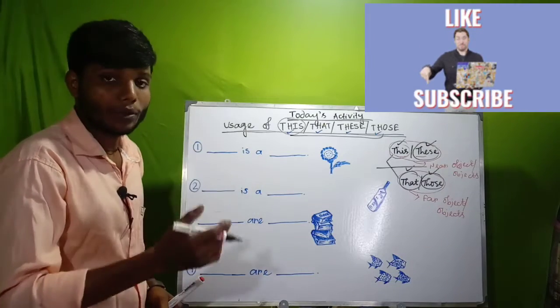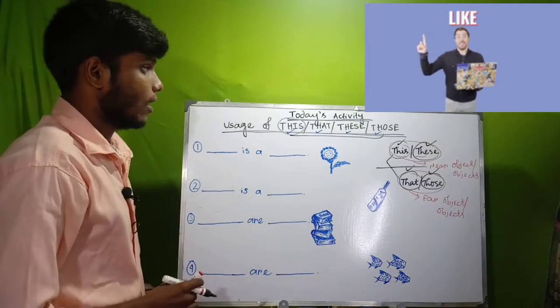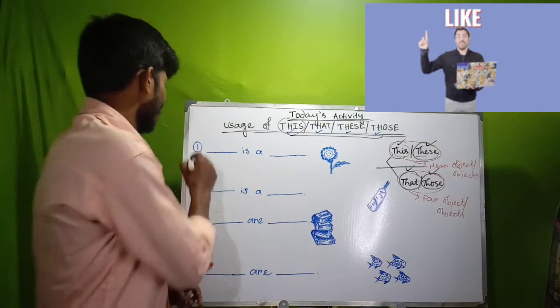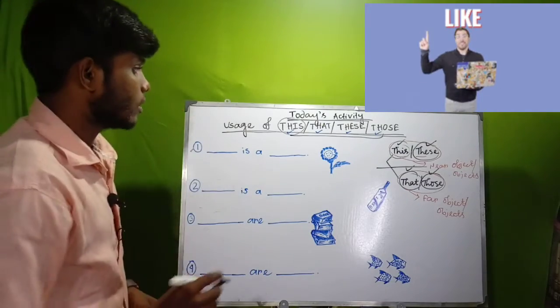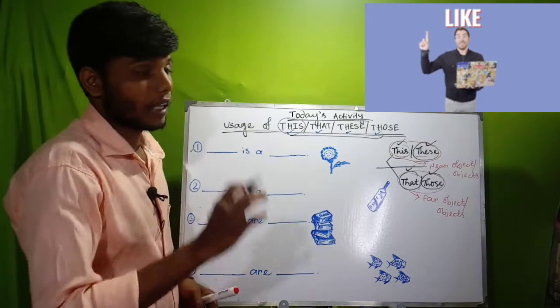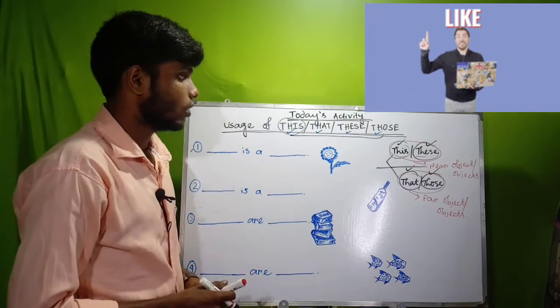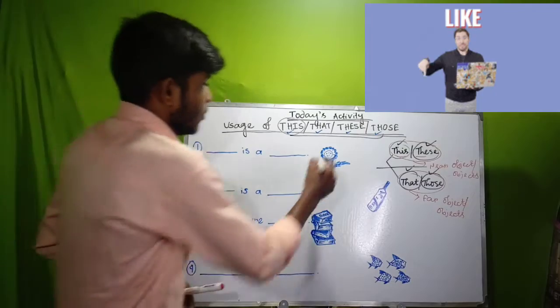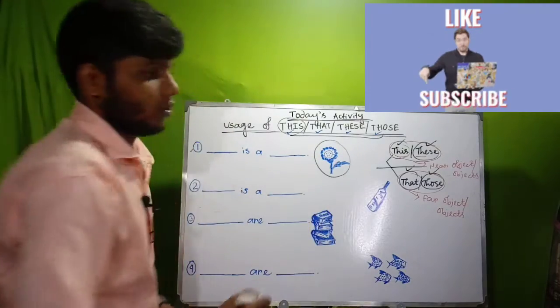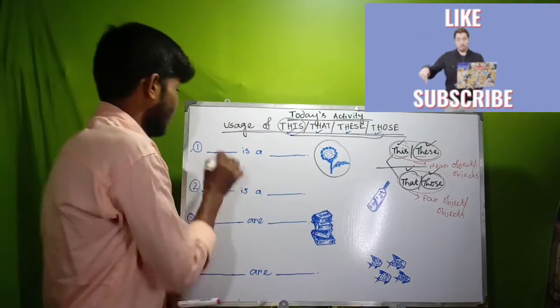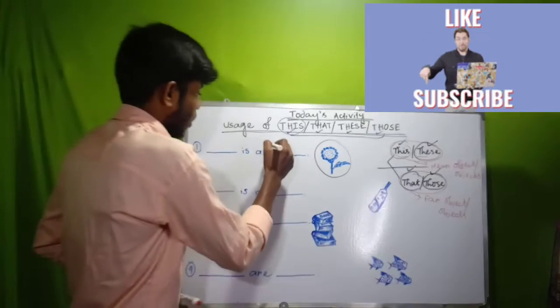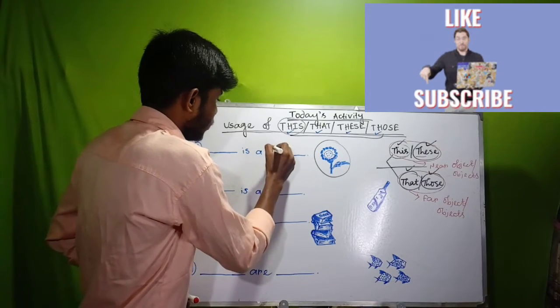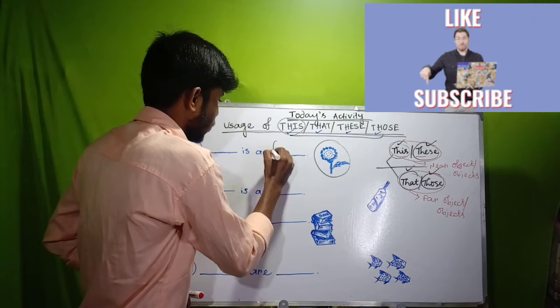Whenever you use this in a sentence, suppose it is a near object and only one thing. For example, a flower. I write down the noun also: flower.